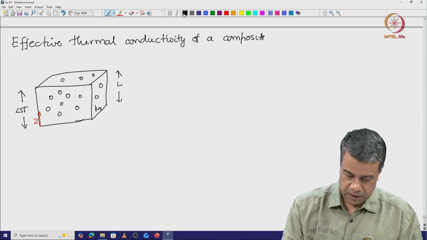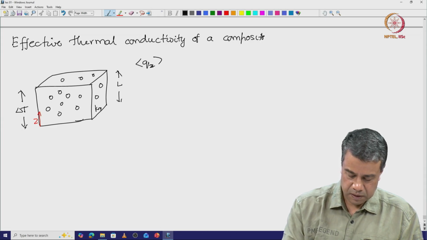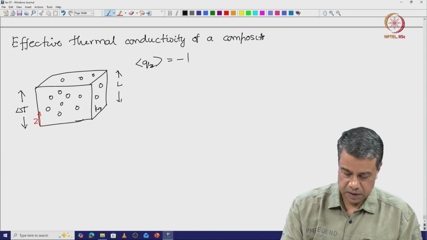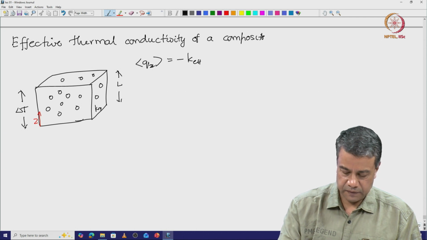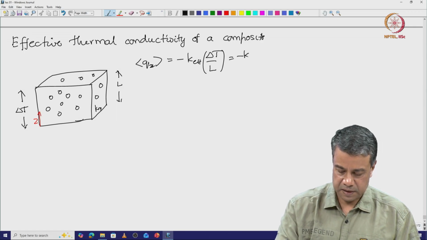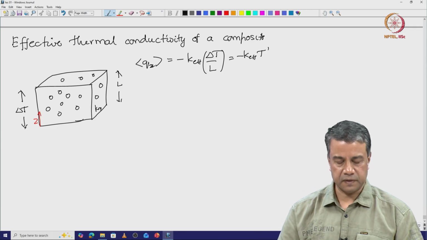The average heat flux Qz is equal to minus an effective conductivity times the applied temperature difference delta T by L, which I will refer to as minus K effective times T prime. So that is the effective thermal conductivity.